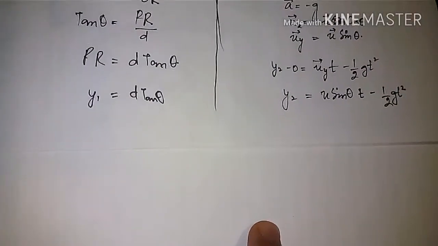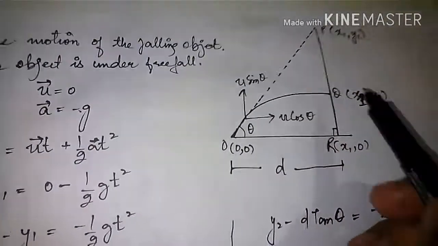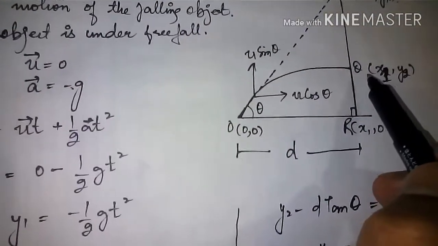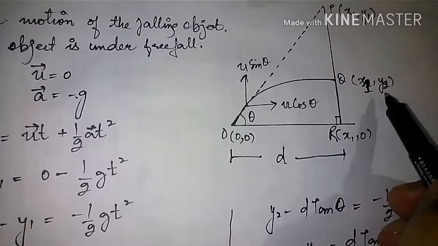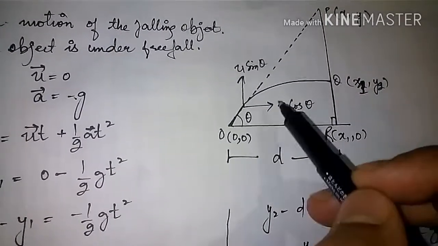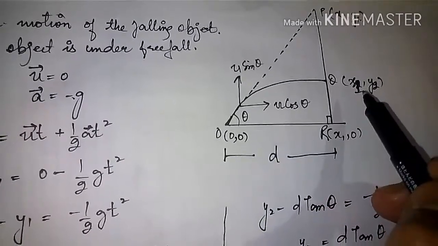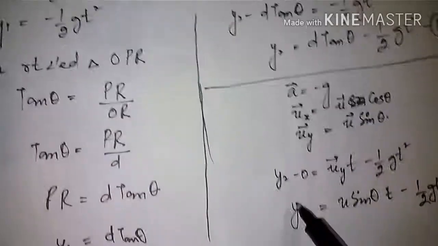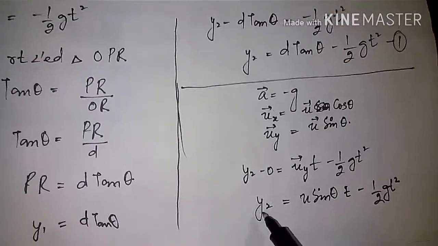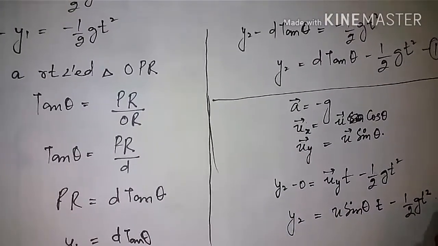So here, you can see the projectile and the object are striking at this point. All right, at y2, at Q, the y coordinates of both the object as well as the projectile are equal. So this means that this y2 and this y2 are equal. Let me call this equation 2.